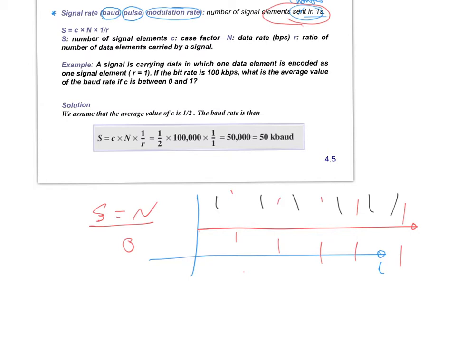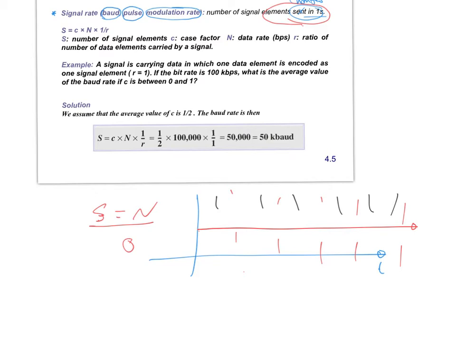So an example. A signal is carrying data in which one data element is encoded as one signal element. So R is 1, of course, we know that. If the bit rate is 100 kilobits per second, what is the signal rate or the baud rate?